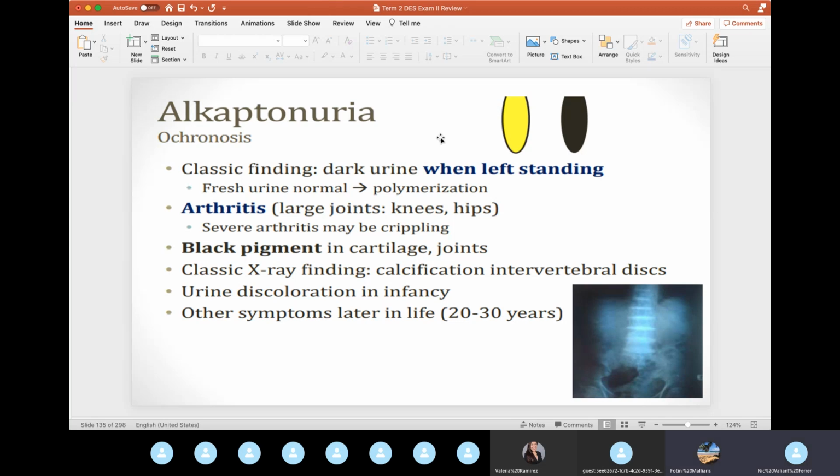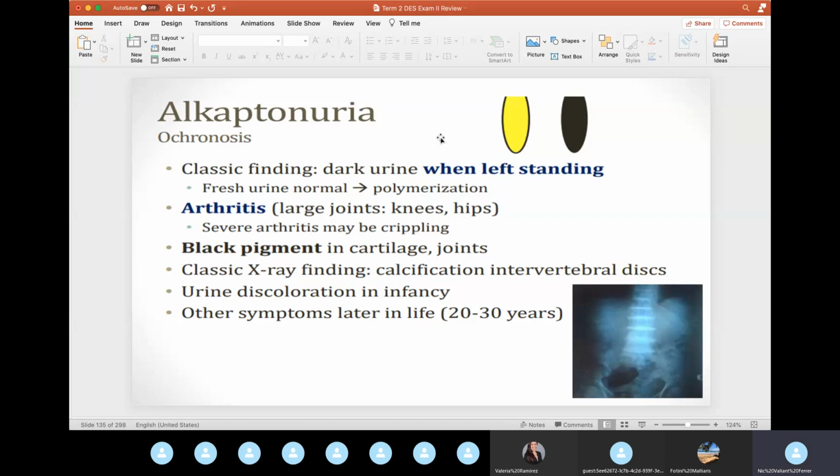Anyone? So you're saying if the test shows dark urine after standing, how do we differentiate? Can we test for heme in the blood? Okay. You can do a test for heme.